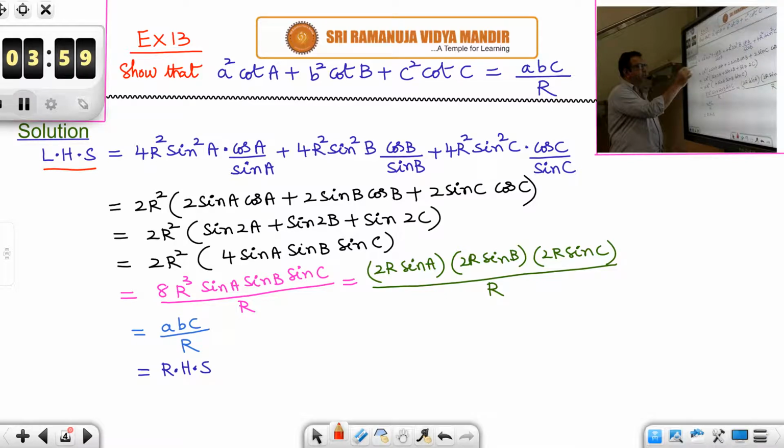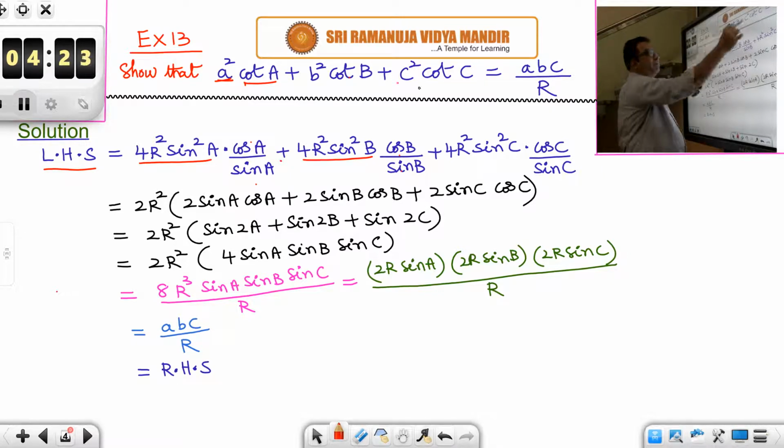So take LHS. a, according to the sine rule, is 2R sin A. Therefore a square is 4R square sin square A. Cot A is written as cos A/sin A. Similarly, second term b square, (2R sin B) whole square, 4R square sin square B. Cot B is written as cos B/sin B. Last term also, c is 2R sin C, c square 4R square sin square C. Cot C is cos C/sin C.